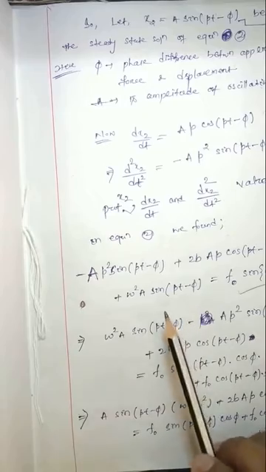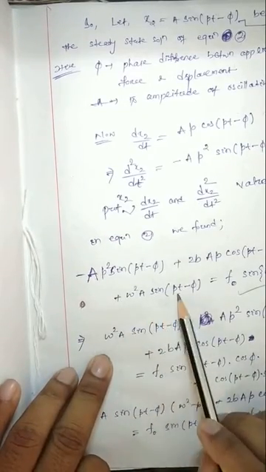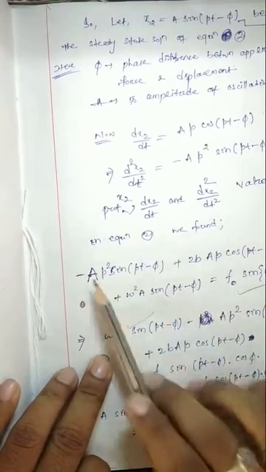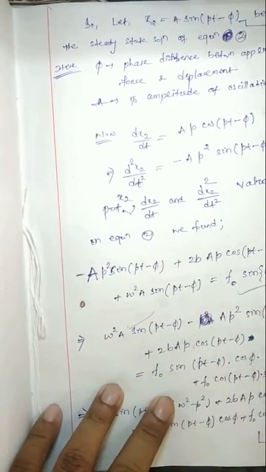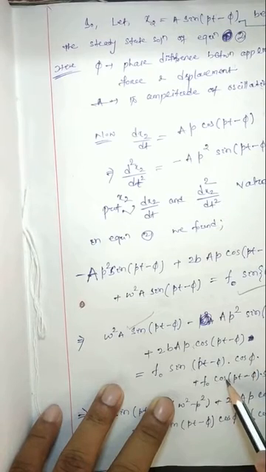Here first it is written omega square a sin(pt minus phi), then this term, then this term, and the right hand side term is written in the format of sin(a plus b), that is sin a cos b plus cos a sin b.